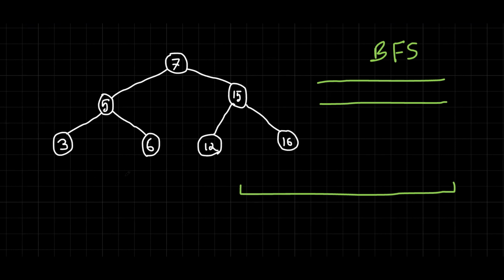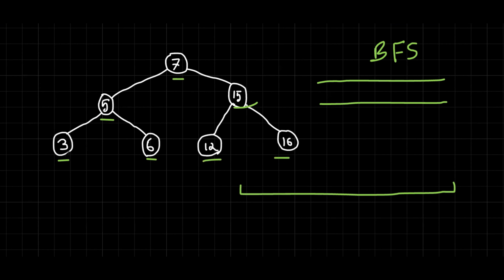Now here, in this example, basically we have to find the deepest level's lowest common ancestor. So let's consider this example. The root is 7, which has two children, 5 and 15. 5 also has two children, 3 and 6. And 15 also has two children, 12 and 16.